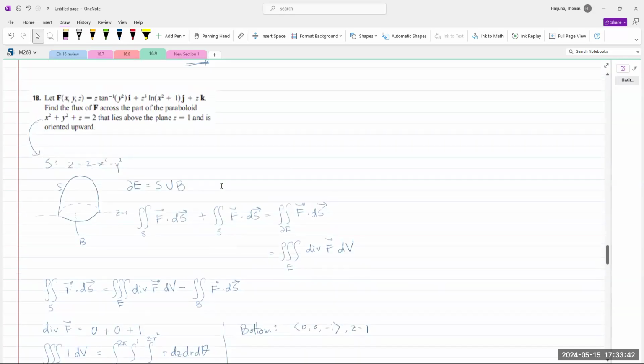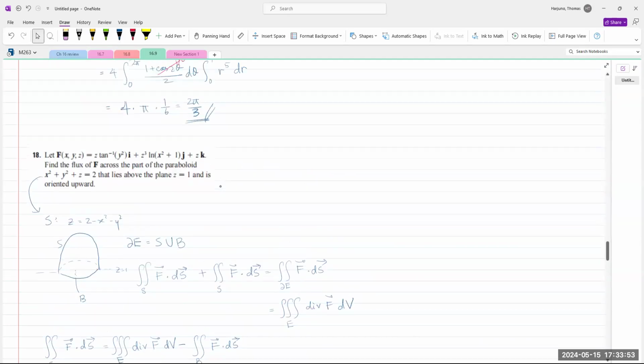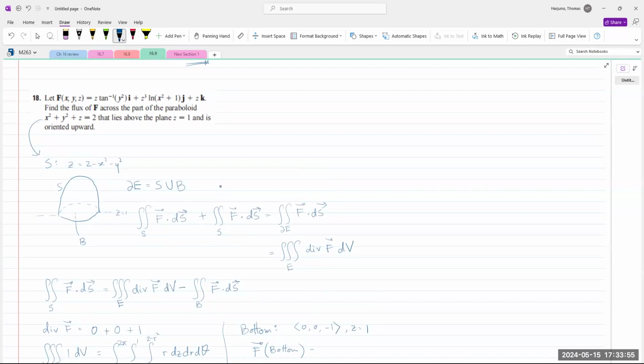Now what happens to the vector field at the bottom, which means z equals 1? It will be tangent inverse y squared, comma, natural log of x squared plus 1, comma 1.